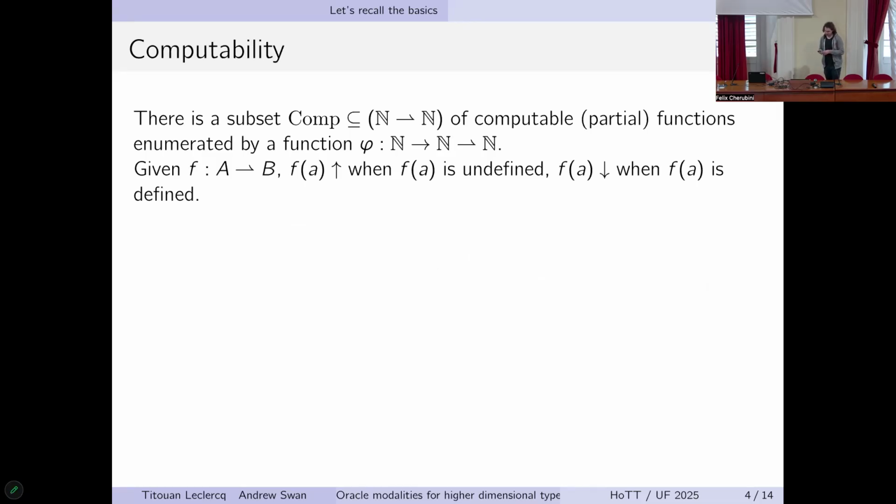A more important aspect is computability, which I'll detail some more. Computability is based, in the usual theory, on the part of computable functions, which are some partial functions which can be enumerated by what we can see as a universal Turing machine.